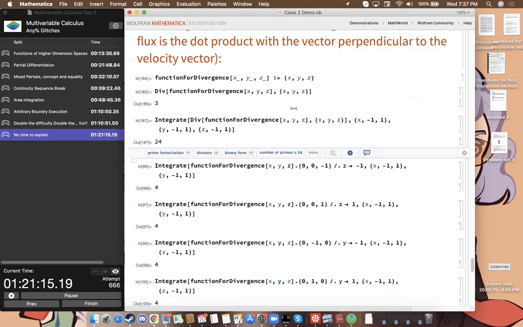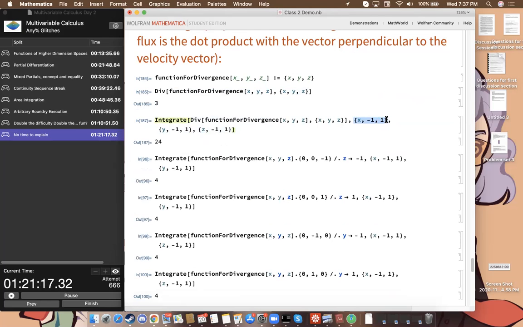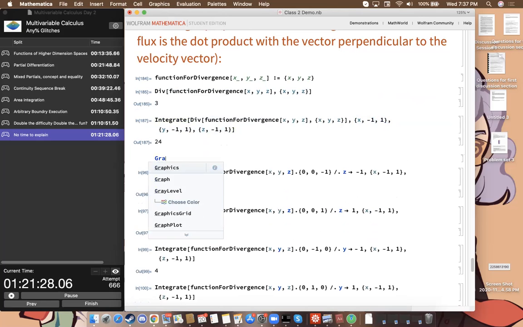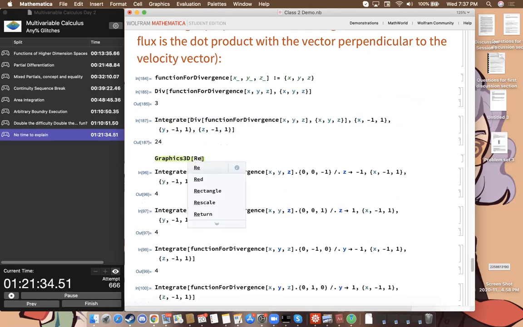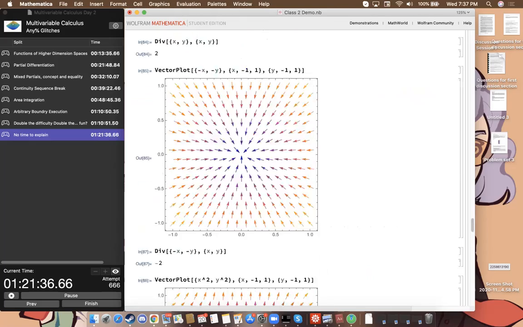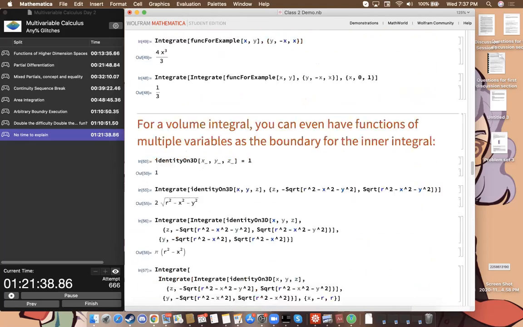So this is a box, right? x varies from -1 to 1, y varies from -1 to 1, z varies from -1 to 1. That's a cube, right? If we go graphics 3D, I can do this real quick. That's just the cube. Ooh, I cannot do this real quick. One moment. What's the command for this?